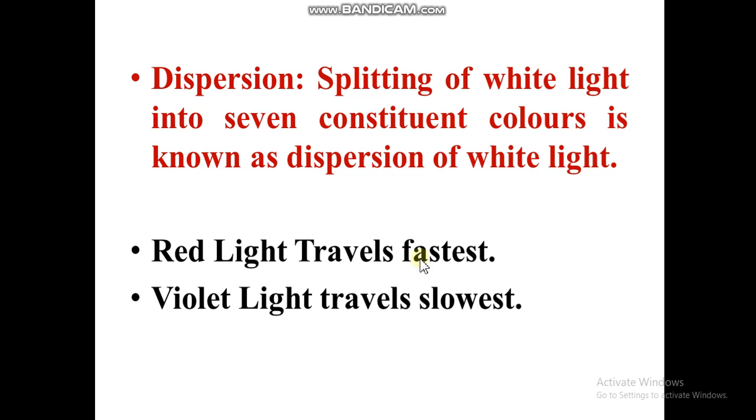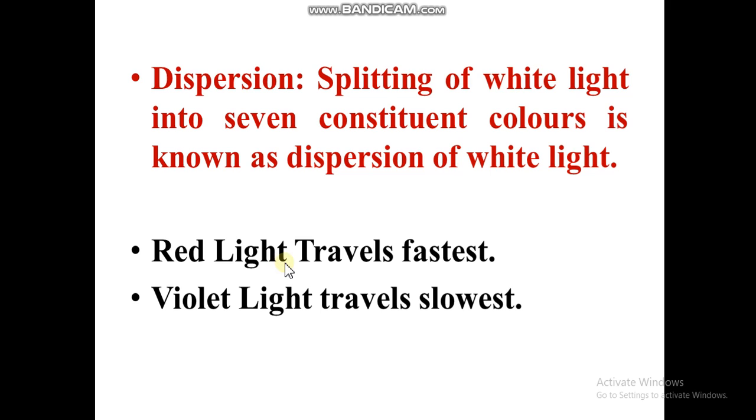If we see that white light splits into 7 different colors, the first thing that comes to our mind is why this happens. Does it mean that white light is composed of 7 different colors? Yes, the answer is yes. White light is not a single light, it's a composition of 7 different lights, and when these 7 lights mix together, white light appears.